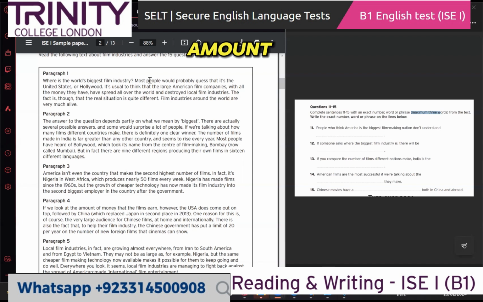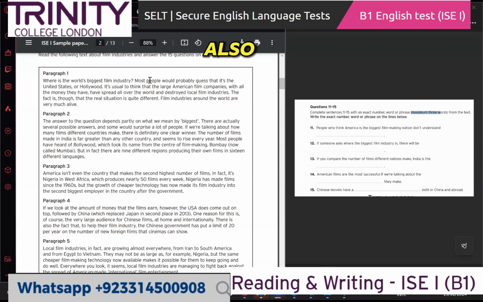If we look at the amount of money that films earn, however, the US does come out on top, followed by China, which replaced Japan in second place in 2013. One of the reasons is of course there is a very large audience for Chinese film at home and internationally.